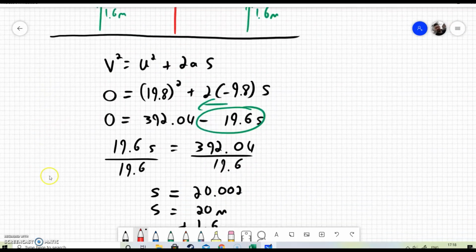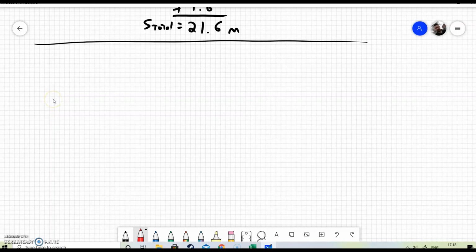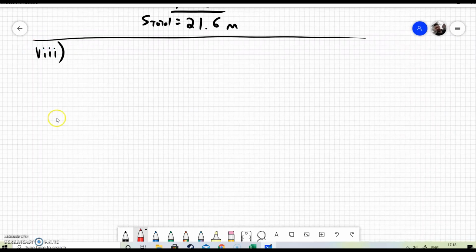Now, as we said previously in other parts of this question, we know that when it's at the peak, the ball does not have a vertical velocity, it is only moving in the horizontal direction. So it only has a horizontal velocity. So when I draw my ball, when it's at the peak, it's not moving up, it's not moving down, which means in this case it's still moving to the right. So I will label that with my velocity there.